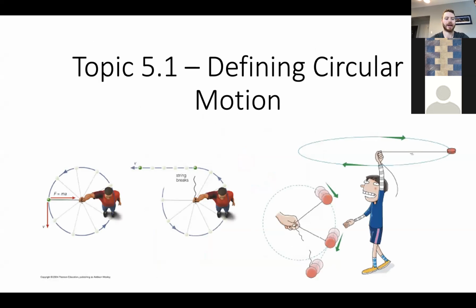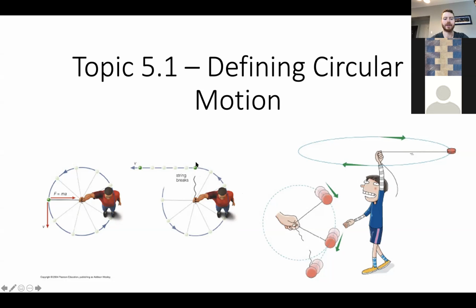In these couple examples, we have a yo-yo being rotated on a string. We'll notice that as it rotates around the circle, its position and the direction of its velocity are constantly changing.